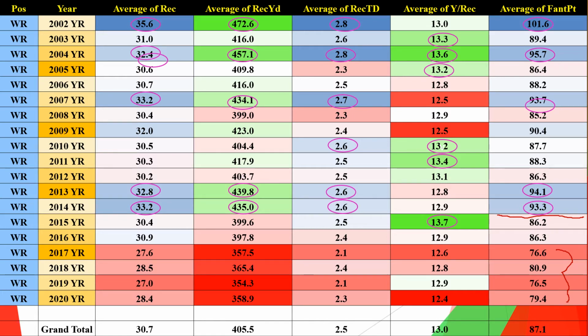Data jumps out, and certainly we're below the averages on a lot of these if you look down here at the grand averages. We are not doing well.